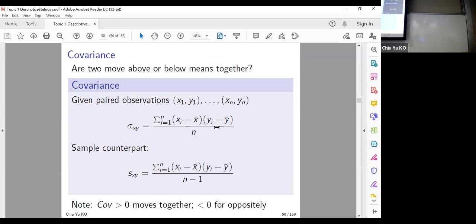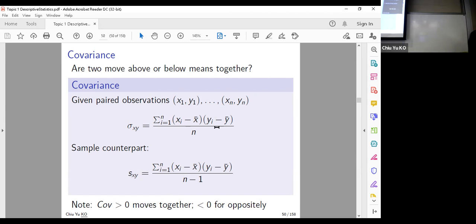So how do you look at this? If one is above the mean and the other below the mean: if x is above mean, this is positive, and y below mean is negative. Positive times negative is negative. The other way around, negative times positive is also negative. If they move in different directions, then that will be negative.